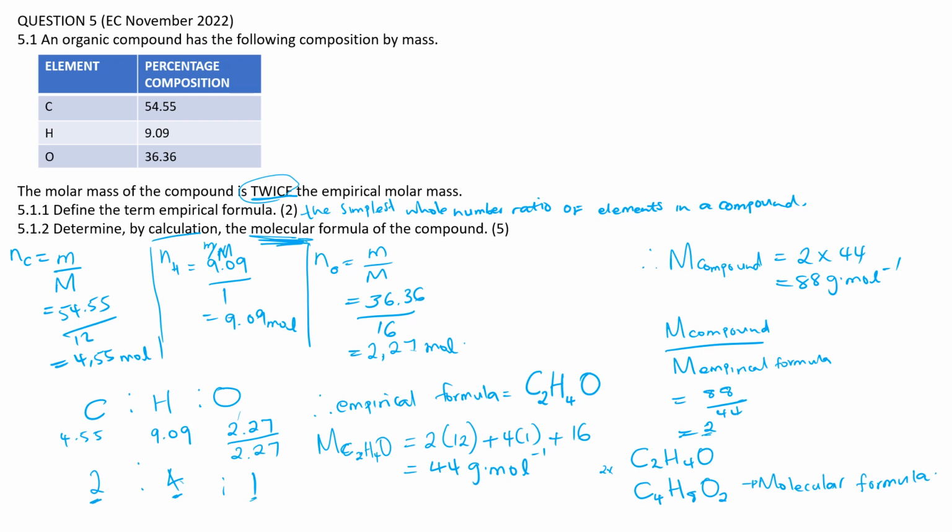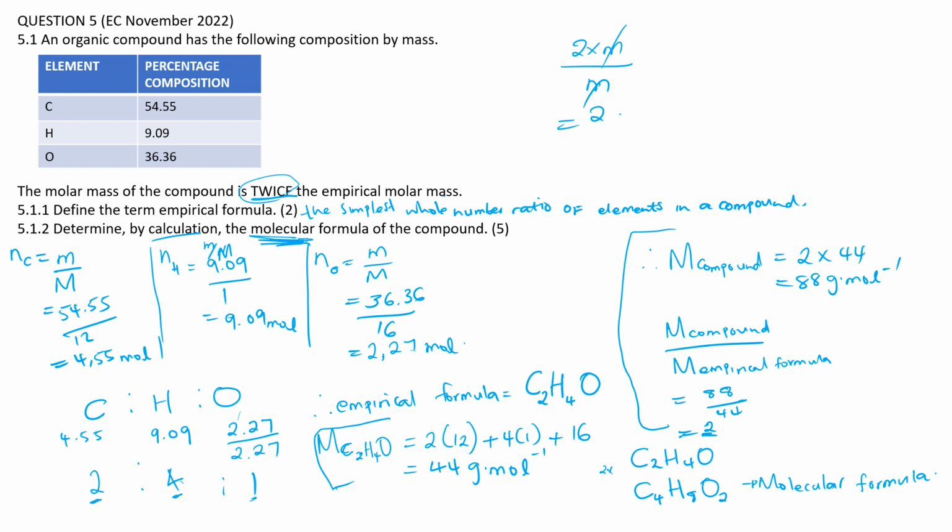You could have, however, skipped this part, by understanding that if the molar mass of the compound is twice that of the empirical formula, then the number you're going to get there is automatically 2, because that's going to be 2 times the mass over the mass, and this will cancel that and you get 2.